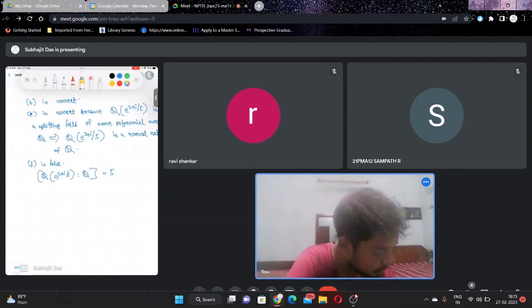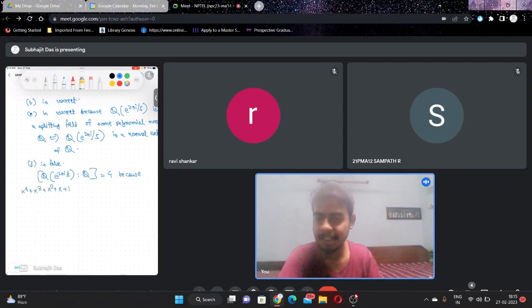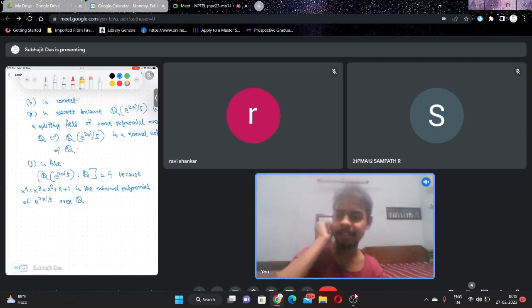So check that this degree is exactly equal to 4, because x to the power 4 plus x cubed plus x squared plus x plus 1, first of all, is a monic polynomial, and secondly, it is in fact the minimal polynomial of e to the power 2 pi i over 5 over Q. You need to check this, and the way to see this is very easy.